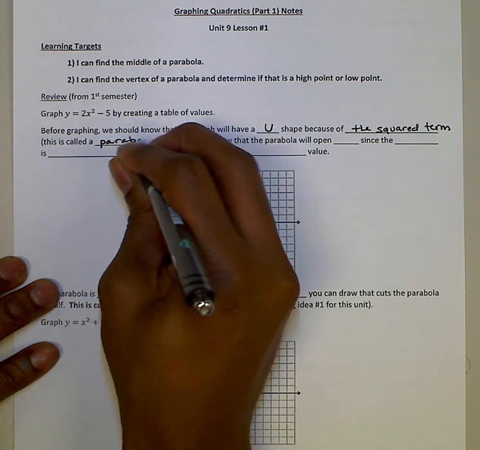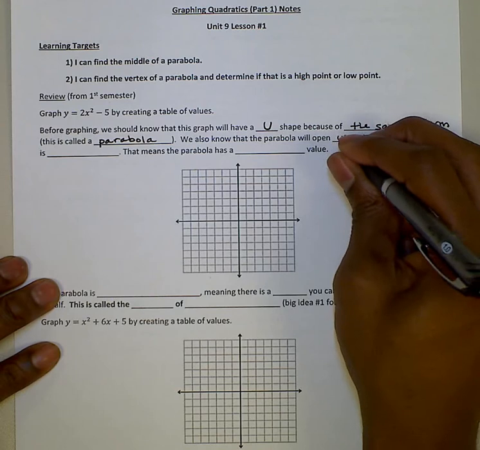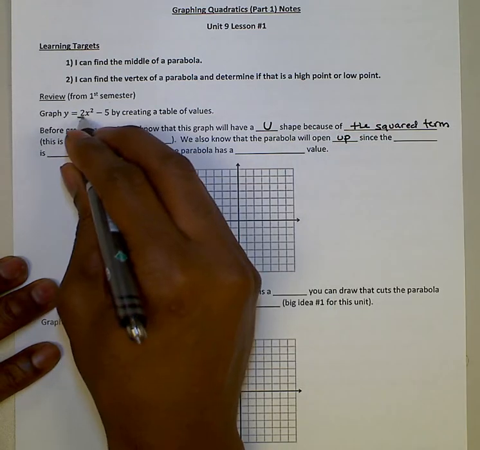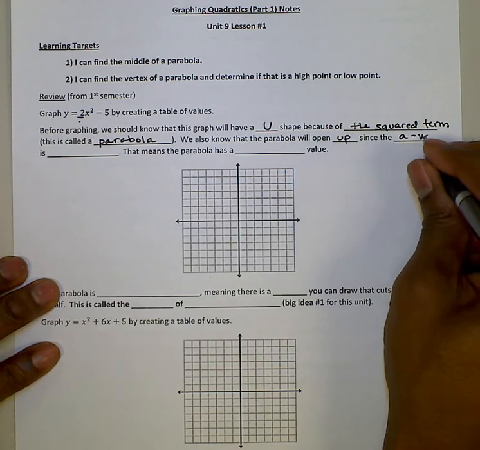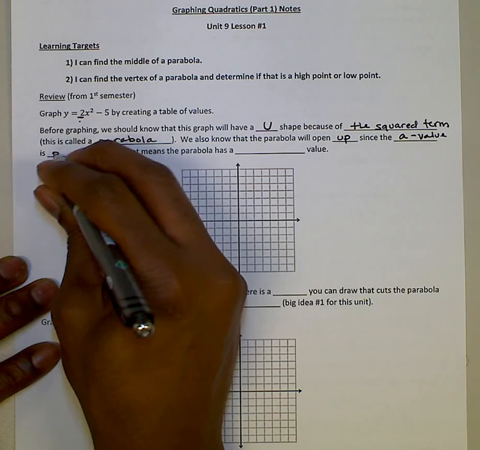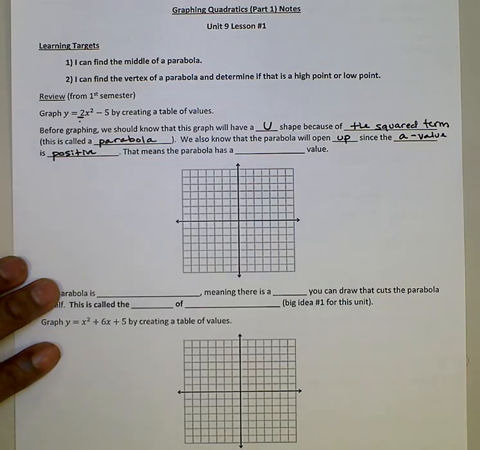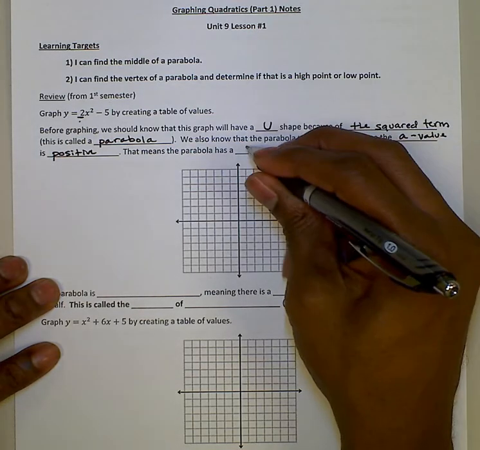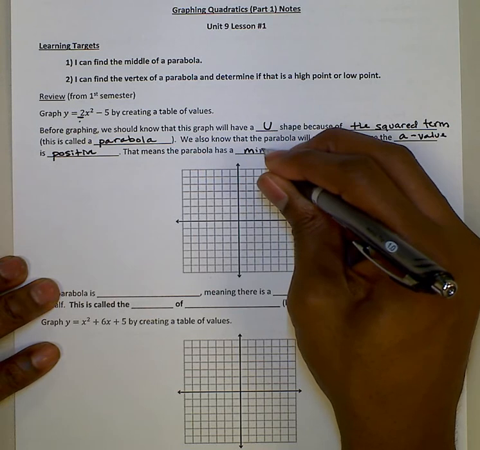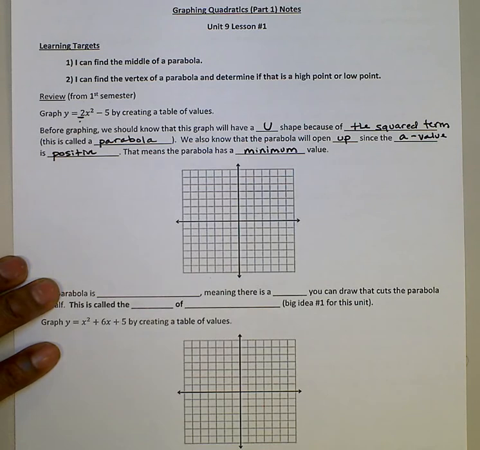We also know that the parabola will open up because the a value is positive. And since it will open up, that means that the parabola will have a minimum value. We'll graph it and I'll talk about all this to make sure that we understand.